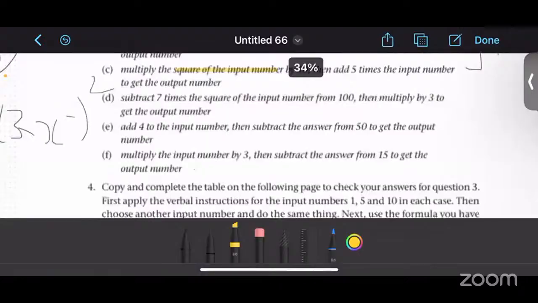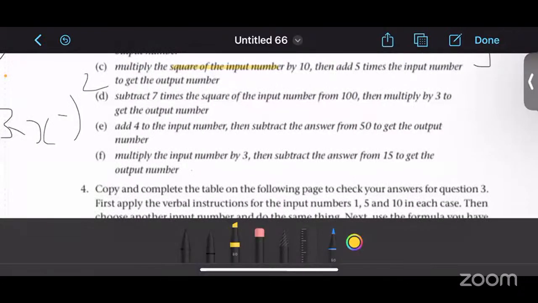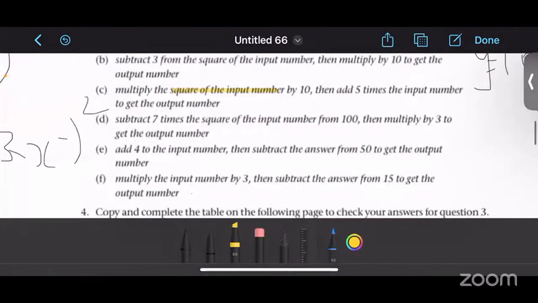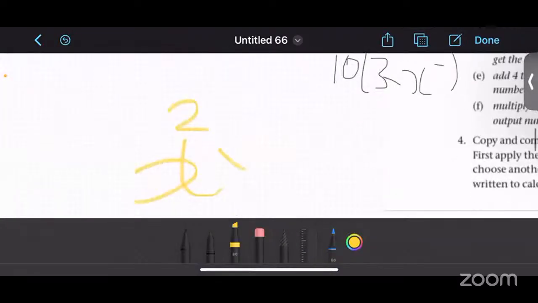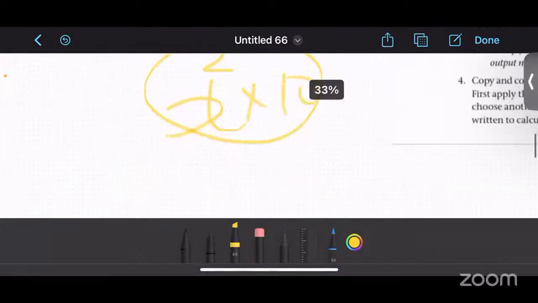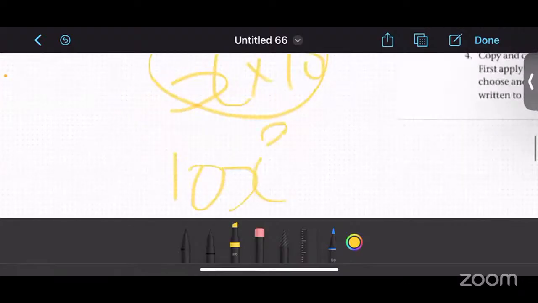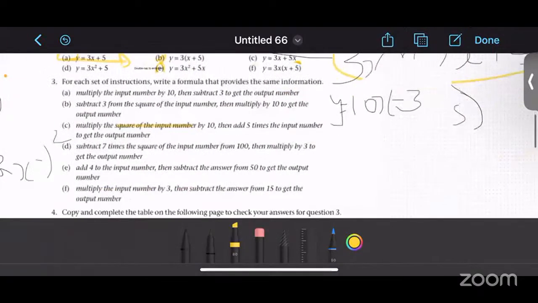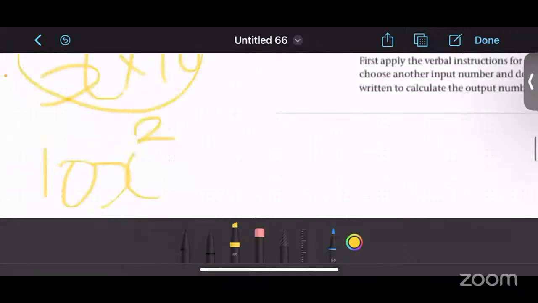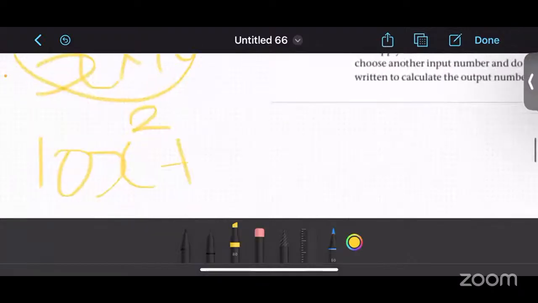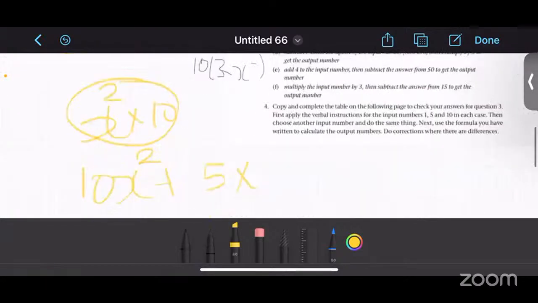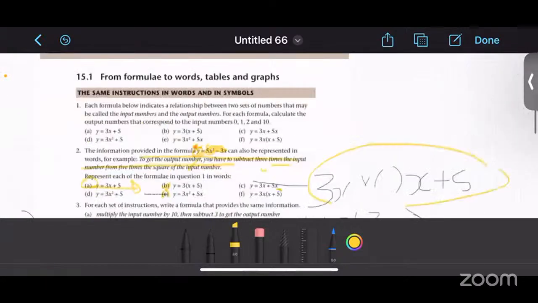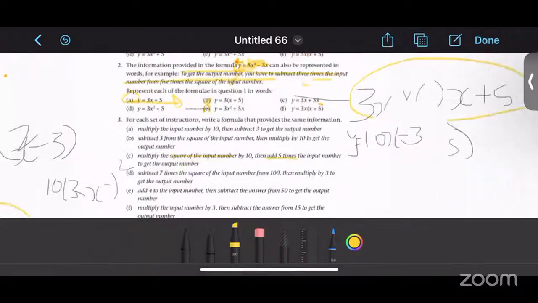We cannot write it in long form, so basically it's going to be 10x to the power of 2. Now we go here again. What do we need to do now? They say add 5 times the input number.